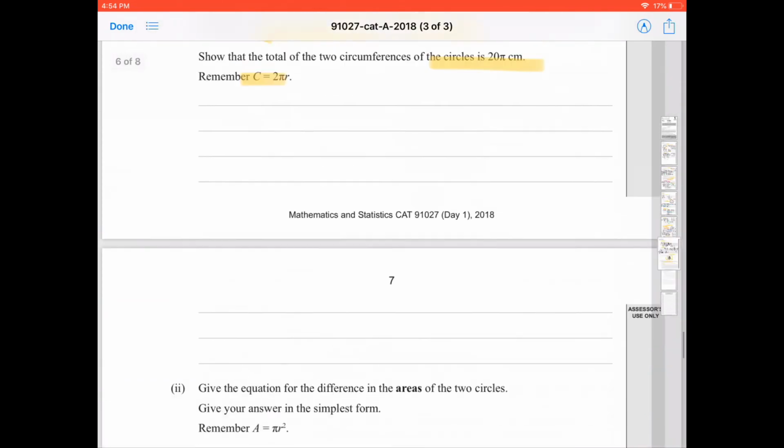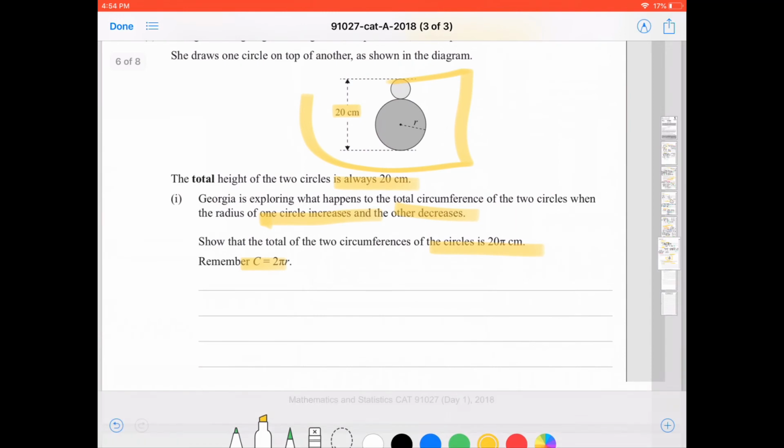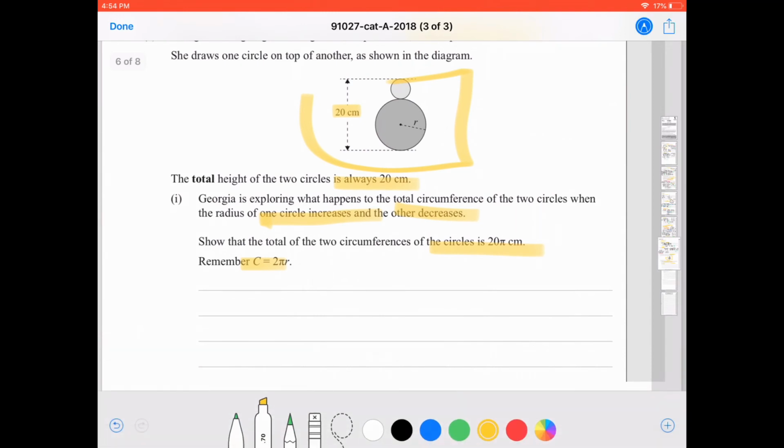Okay, so we're trying to show the total of the 2 circumferences of the circles is 20 pi. So total of the 2 circumferences, meaning circumference of, let's call this circle 1 and this circle 2.